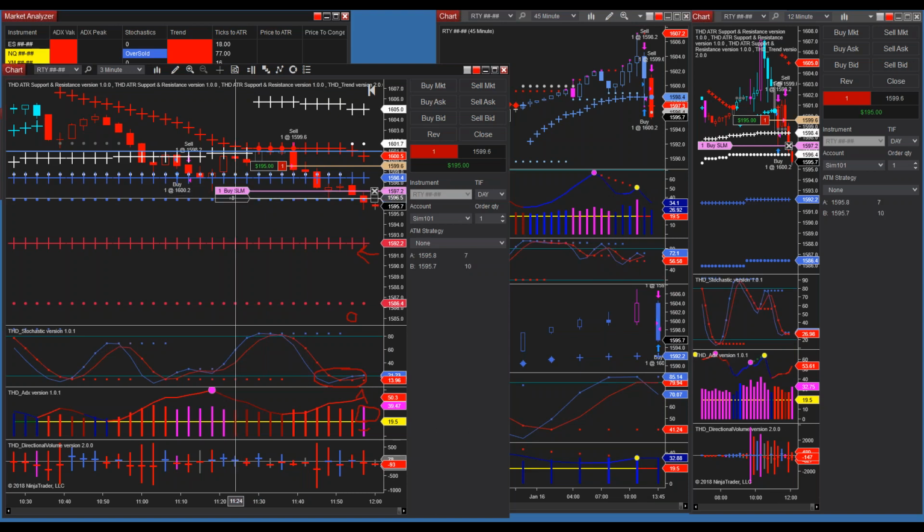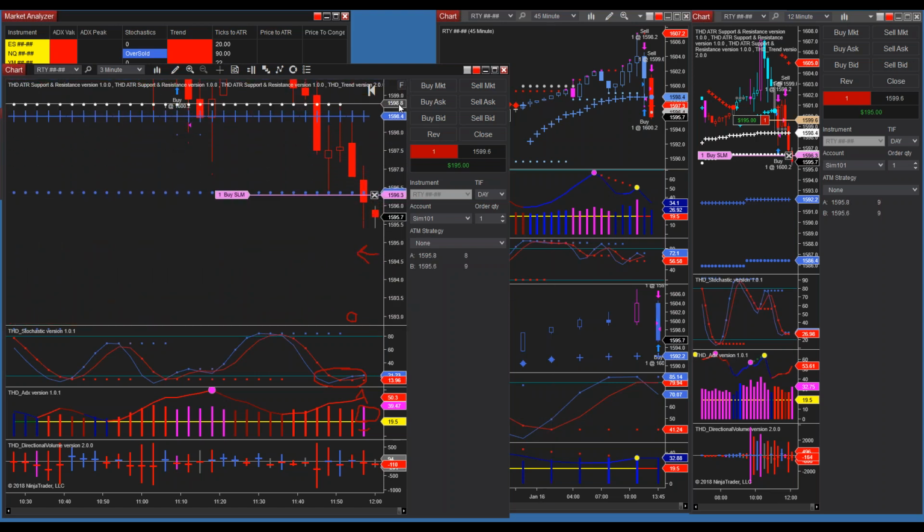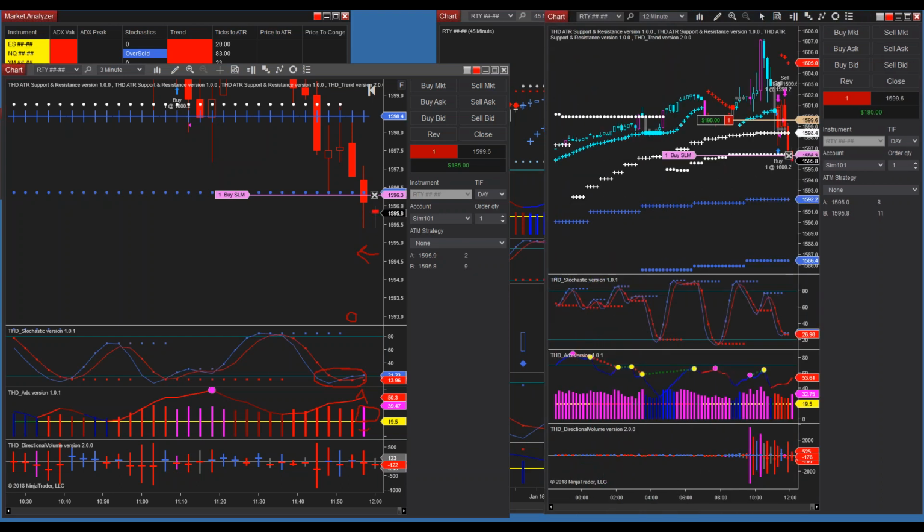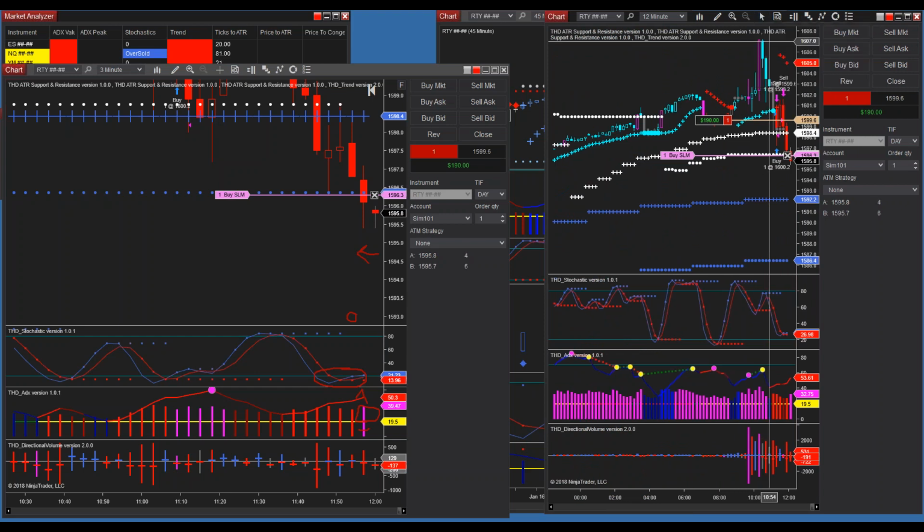I'm going to get a little bit more aggressive and pull it down a little bit more. I'm still really kind of flirting with that congestion dot that's on the 45-minute chart.